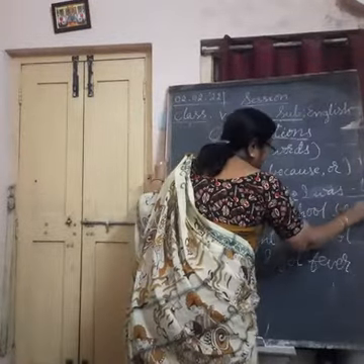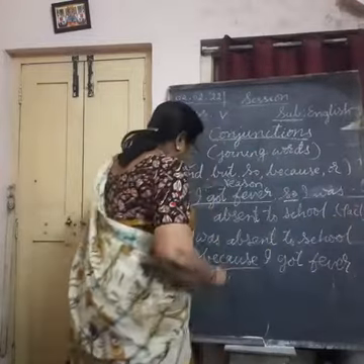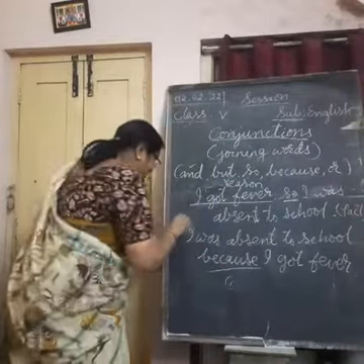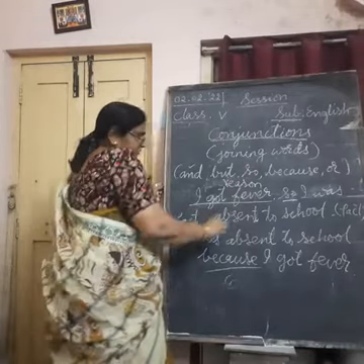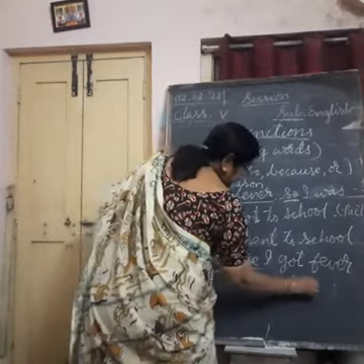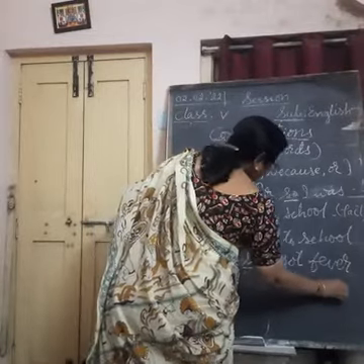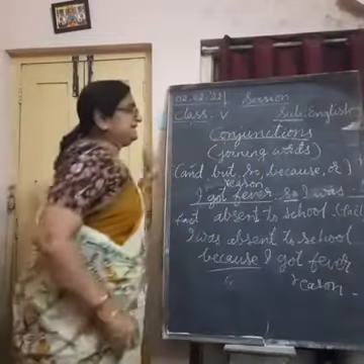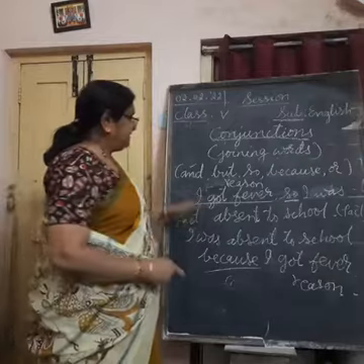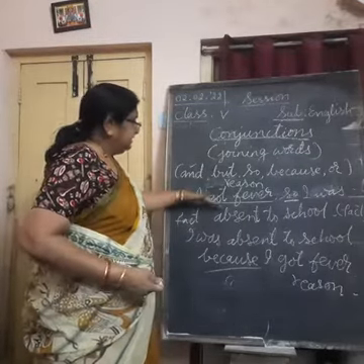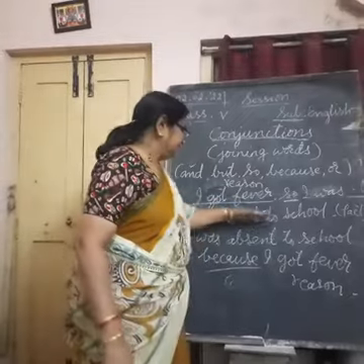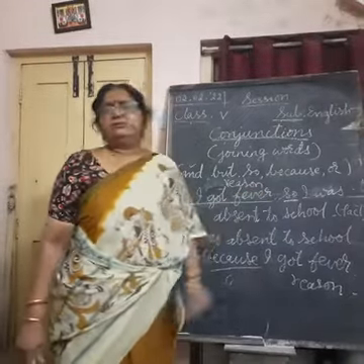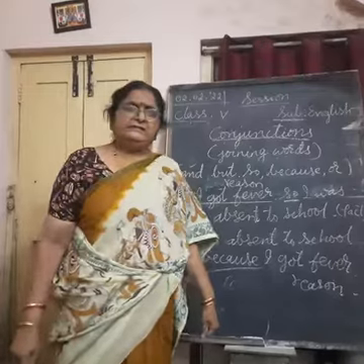Same sentence. I got fever is a reason. So, in a sentence, when the reason comes in the first place and fact comes in the second place, then we are using so to join these two sentences.